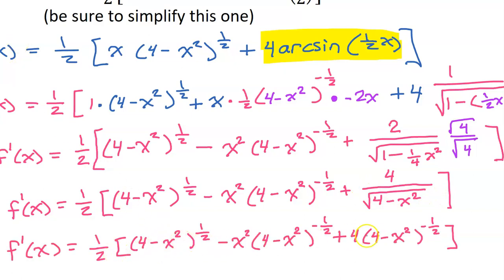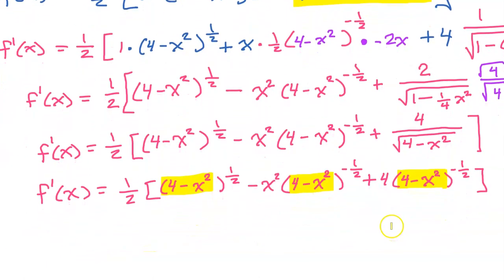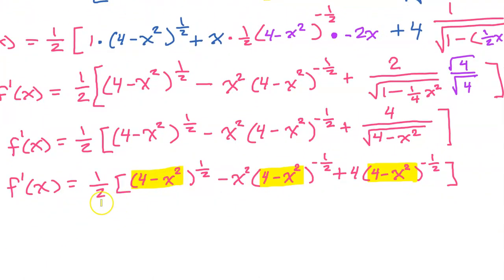So now everything is all on one level, and I have a common factor of 4 minus x squared in all three terms. So I am ready to take that common factor and put it out in the front where the 1/2 is. So I'm going to have f prime is equal to 1/2 times 4 minus x squared.